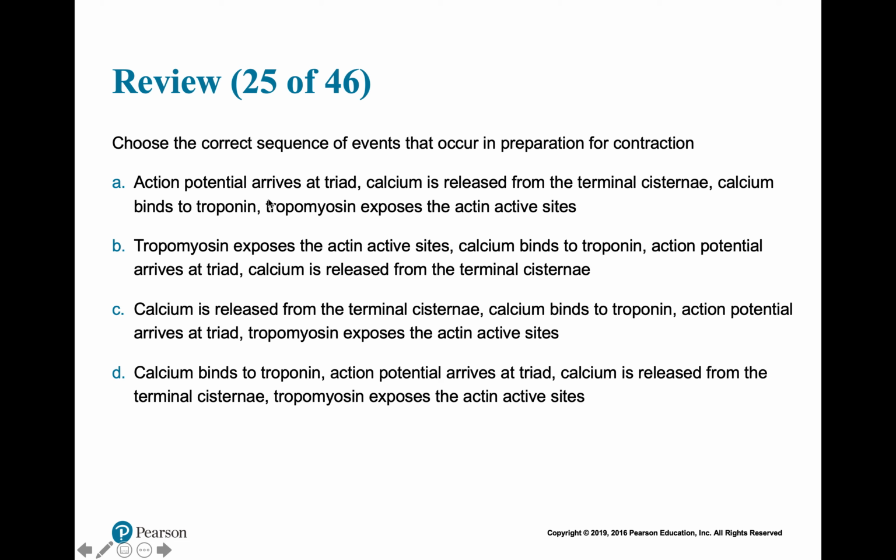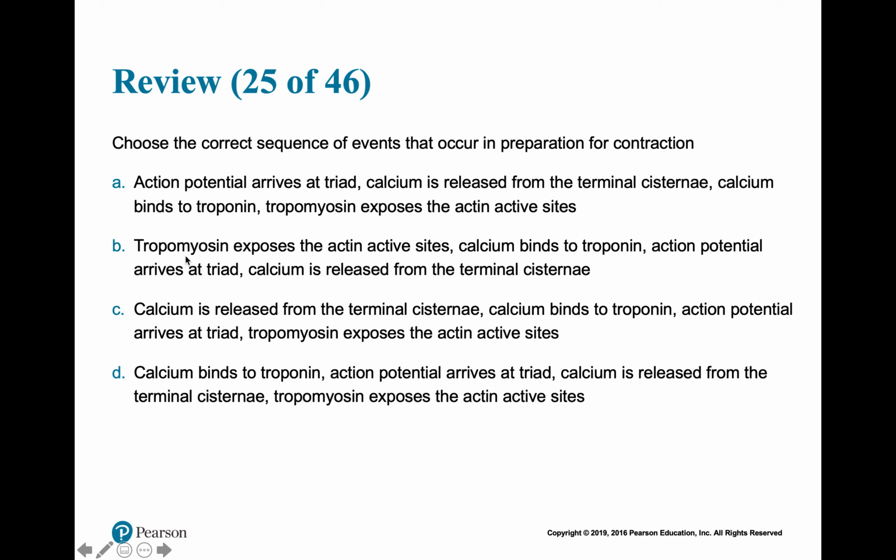So let's just look at the first. This is how I like to approach these questions. I will just look at the first step of each, and see if there are any that I can immediately get rid of. Action potential arrives at the triad. Well, I'm going to keep this as a possibility because you have to have an action potential arriving at the triad in order for contraction to happen.